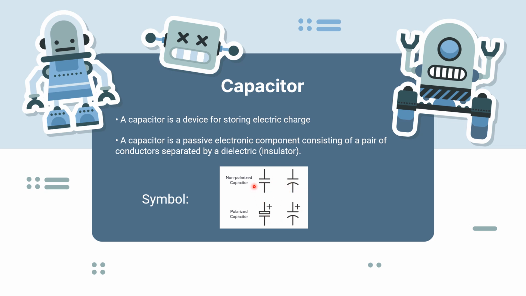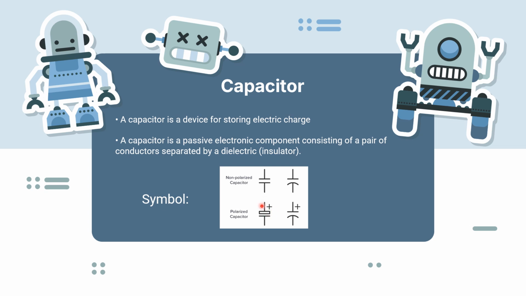We have two different types of capacitor: non-polarized capacitor and polarized capacitor. If we want to use a capacitor in our circuit, if it's polarized, we should put it in the right direction in the circuit.